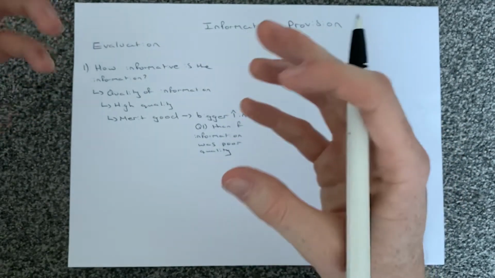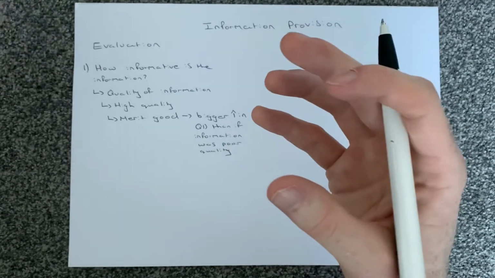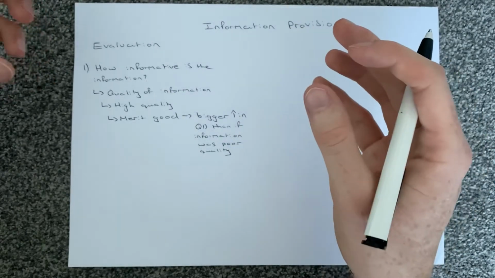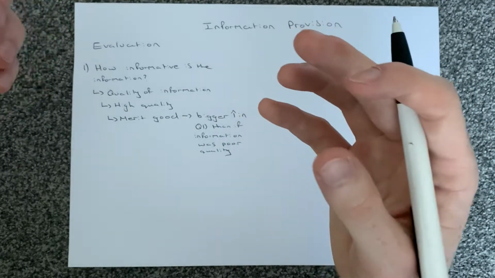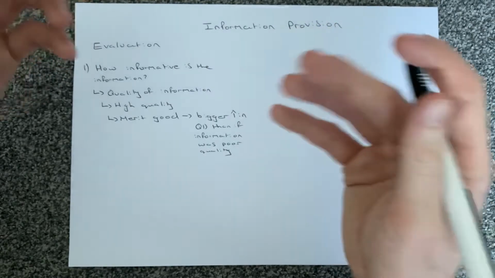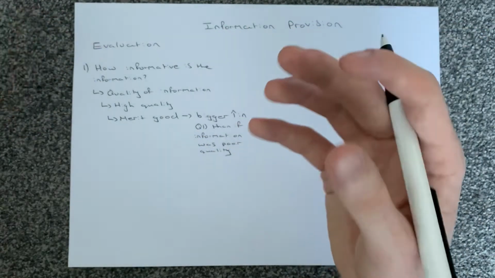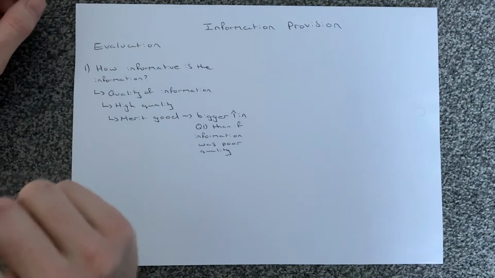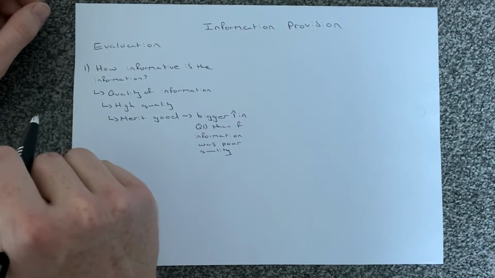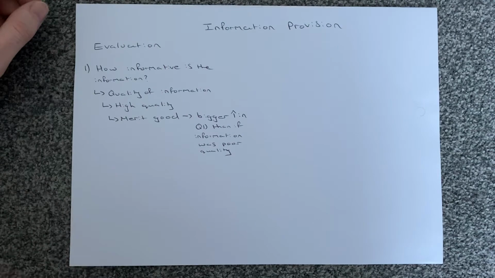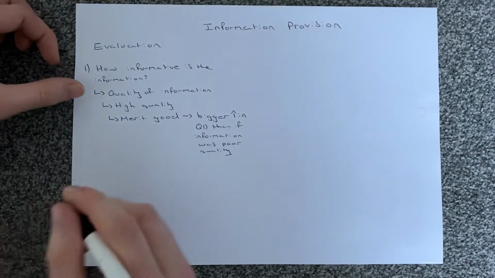That's higher quality information. The information that's been provided is very informative with regards to the specific benefits that you will get, rather than just being very vague. So high quality information, if it was a merit good, would lead to a bigger increase in quantity demanded than if the information was poor quality.